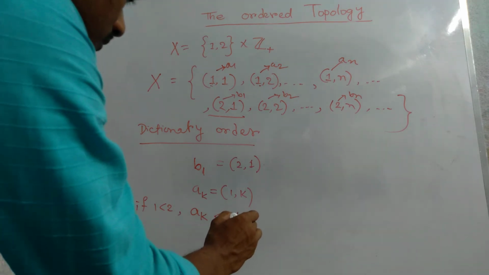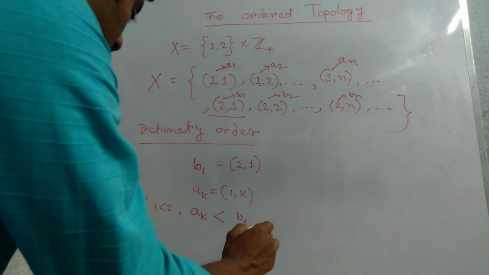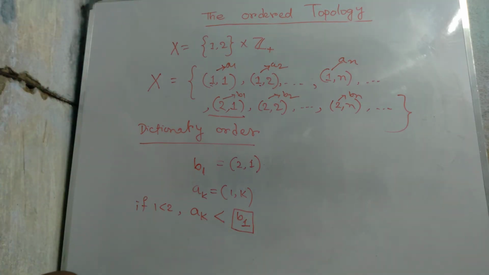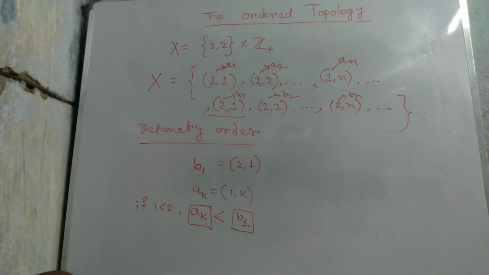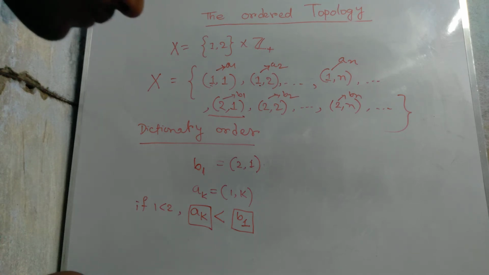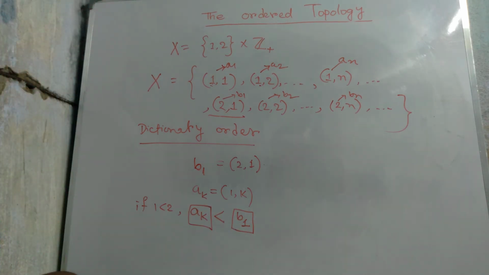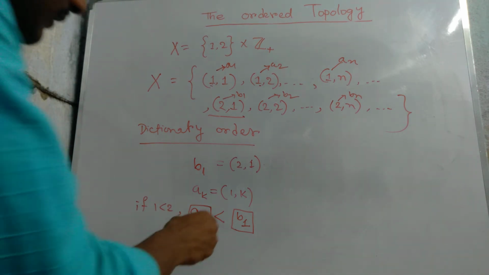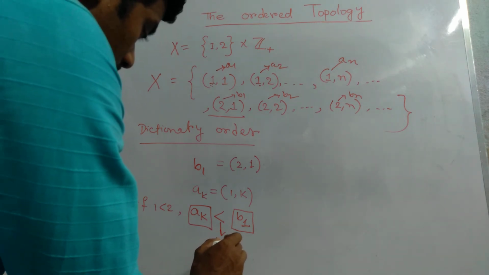So any open set containing this B1 must contain some element of Ak. So in this way we find any basis element containing B1 must contain some Ak, where the order is the dictionary order.